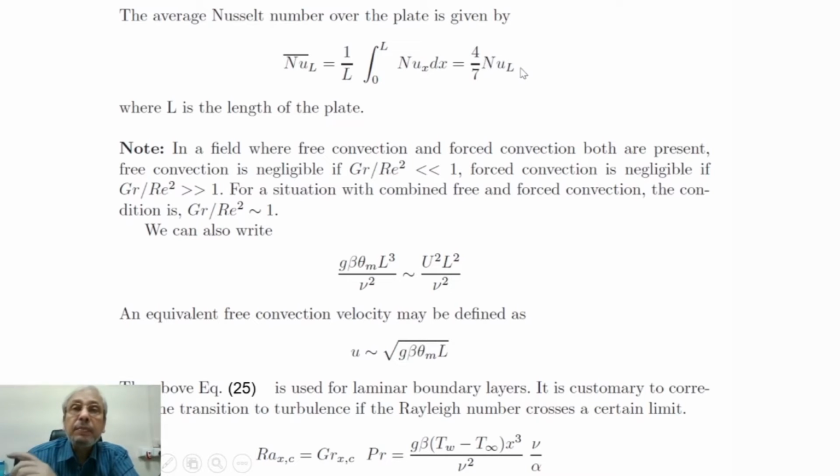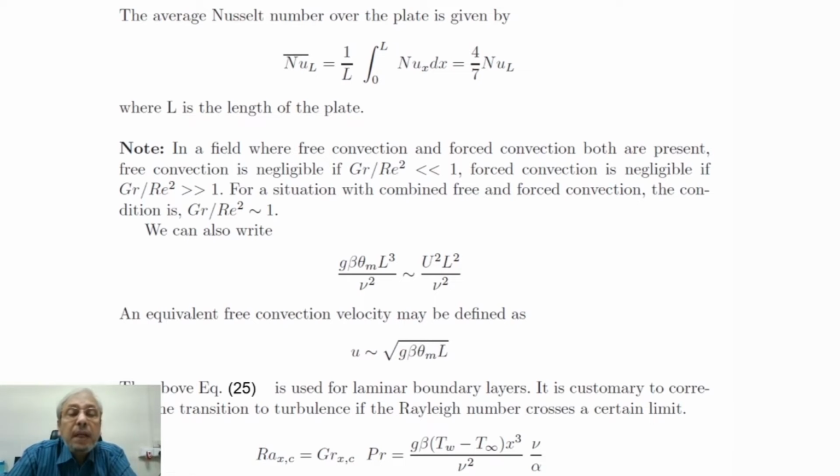That means at the top edge, whatever is the local Nusselt number, where x is L, H into L by K, that is NUL, and 4 by 7 of that quantity is the average Nusselt number. L is the length of the plate.